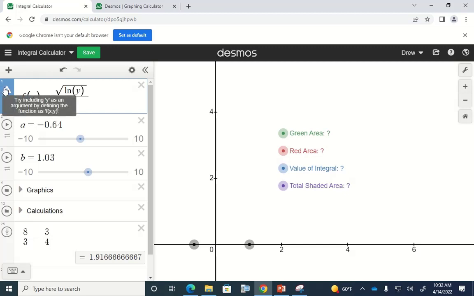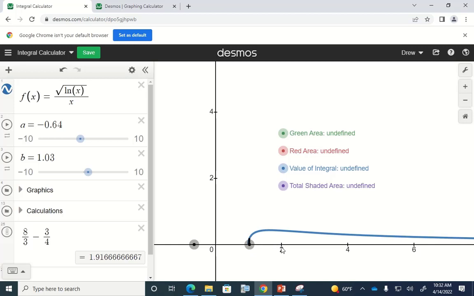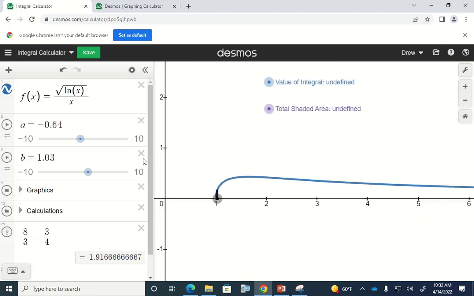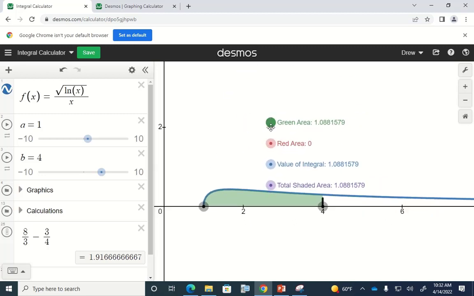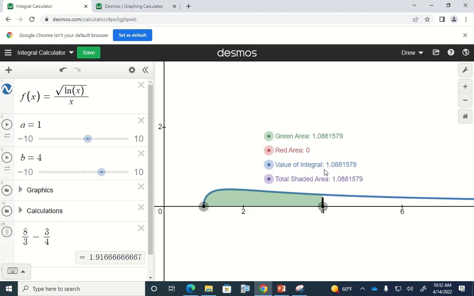What is wrong? Oh, I need x instead of y. Ooh, so that's what my curve looks like. I need to take the definite integral between 1 and 4, which would be that area. And sure enough, Deanna plugged it in her calculator correctly because the value should be 1.0881, just like she said.